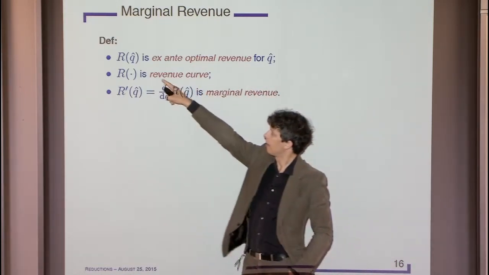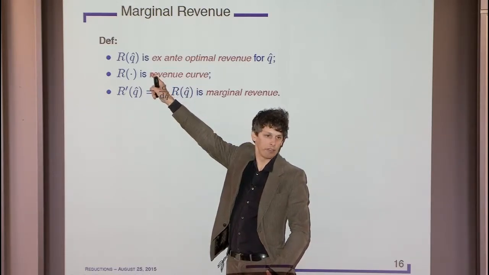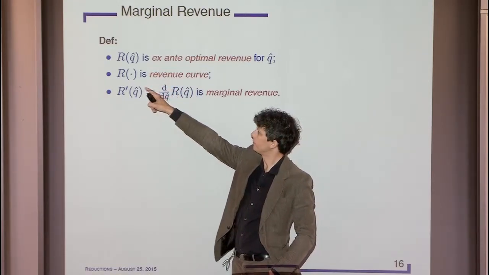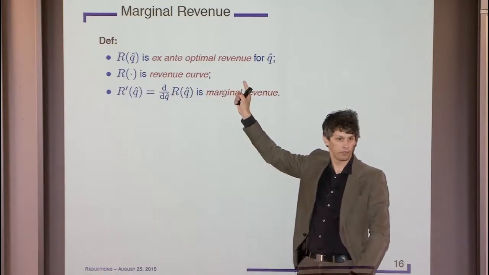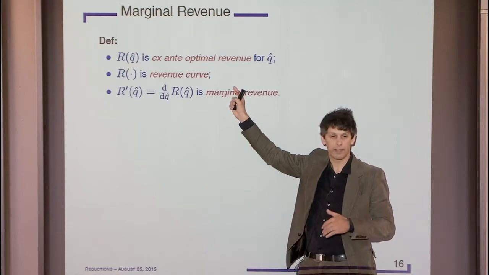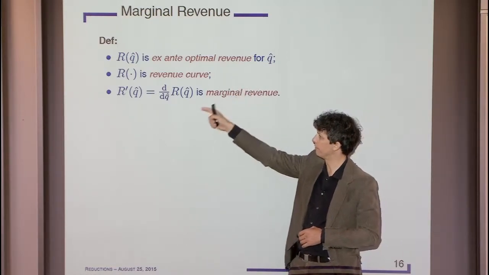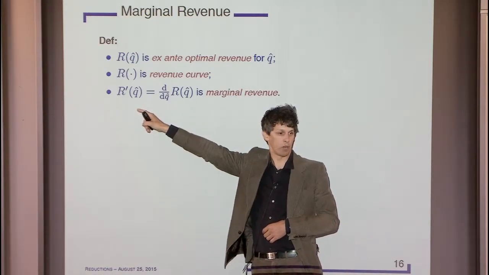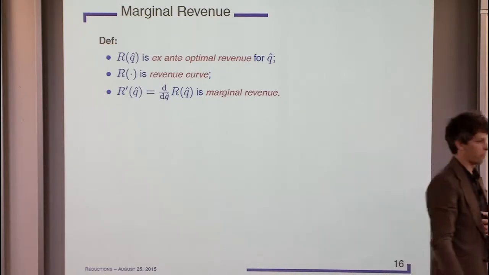Let's define R of q hat to be the revenue for every q hat. And then this will define a revenue curve, which is going to be a nice, concave function. I can take its derivative and call the derivative the marginal revenue.